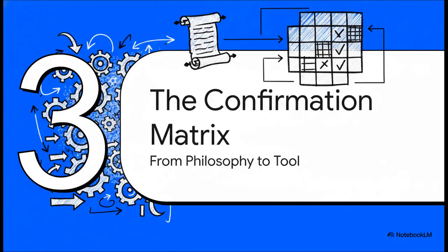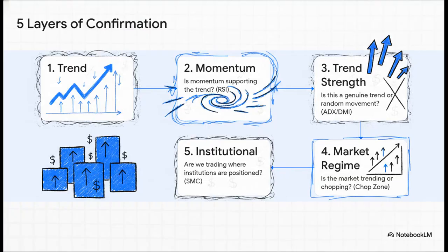Okay, so this all sounds great in theory, but how do we actually use it? How do we turn this philosophy into a practical, systematic tool? Well, that's where the confirmation matrix comes into play. The matrix is built on 5 distinct layers of confirmation. Think of them like checkpoints. A trade idea has to get past every single one. First, we ask, what's the dominant trend? Simple enough. Then, is there momentum?